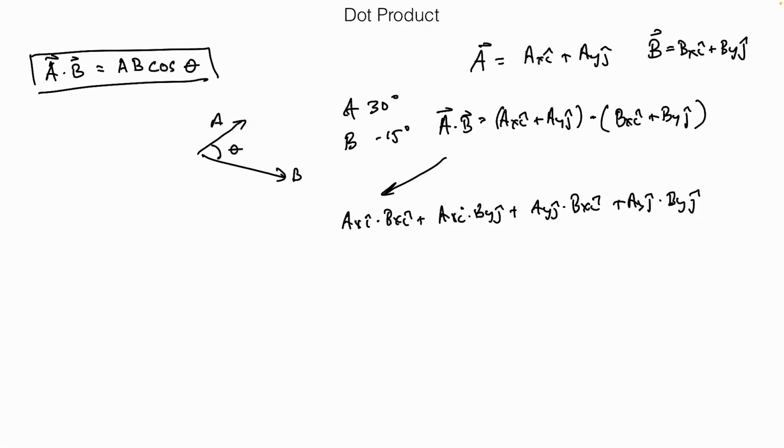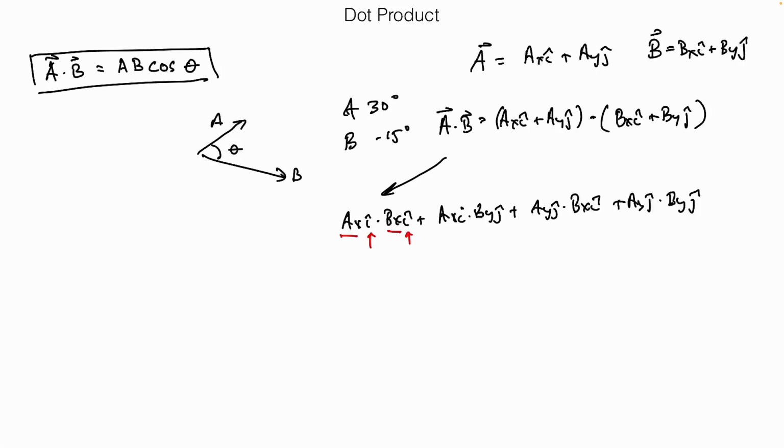Okay, I think I made it. AX and BX are just numbers, aren't they? This is just a magnitude right there. The only directional things are the i hats and the j hats, aren't they? So the only question we really need to answer here is, what does it mean when you do a dot product between two unit vectors?